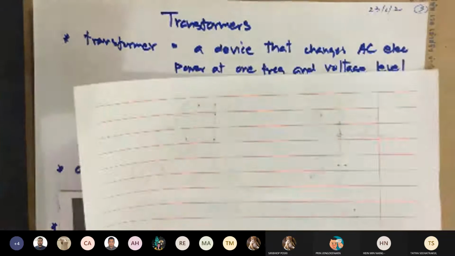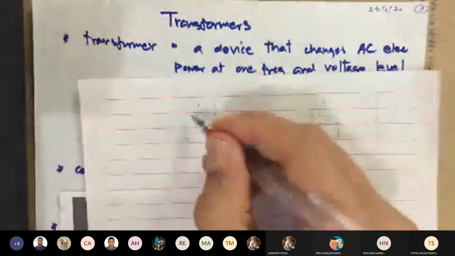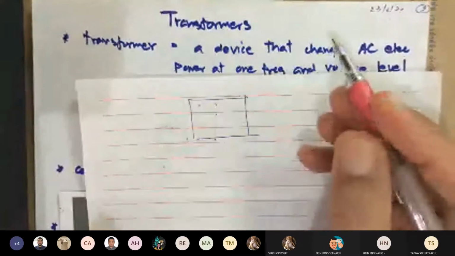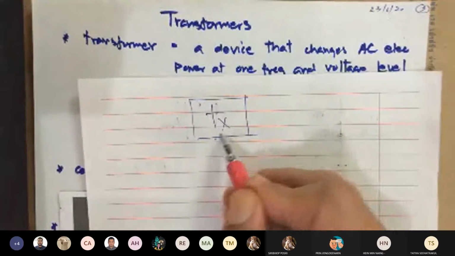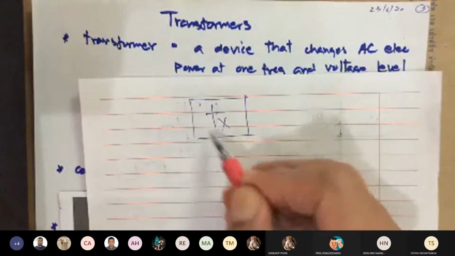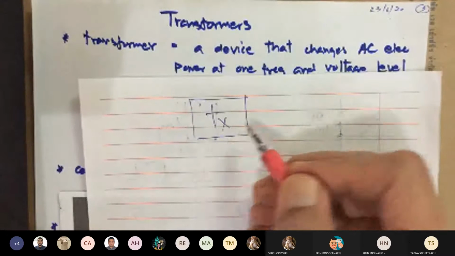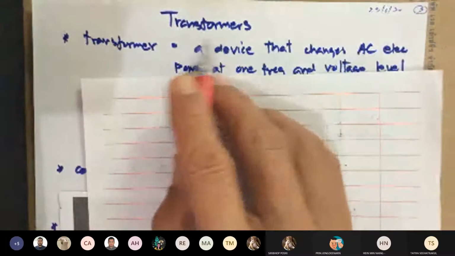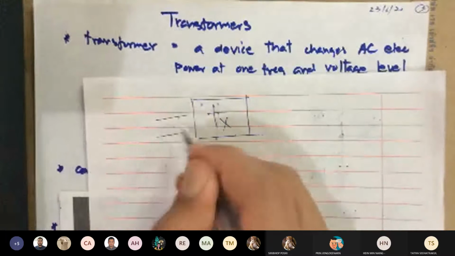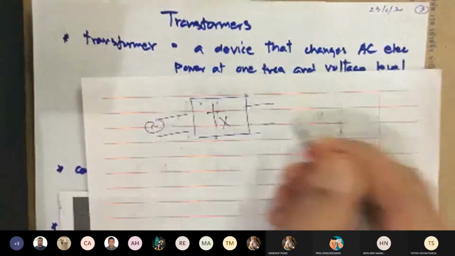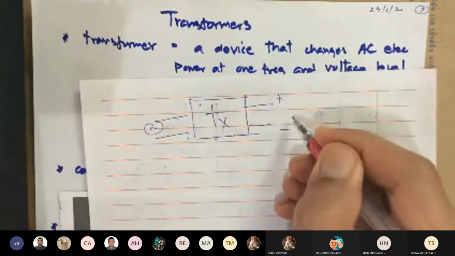So basically, you have a transformer, and from now on, I'm going to write TX for transformers. It's kind of like my shorthand, the word is way too long to write. So basically, you have an AC voltage here and you want an output voltage there.